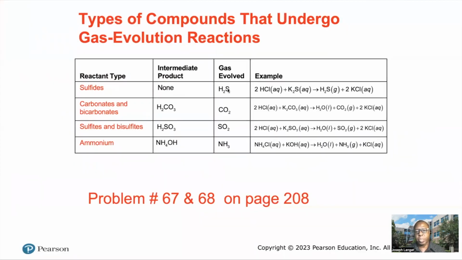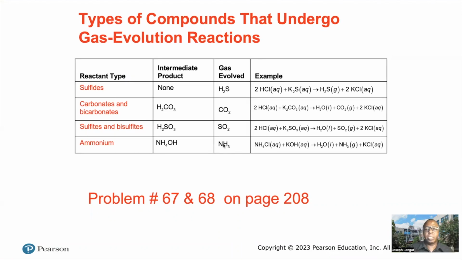Sulfides produce hydrogen sulfide. This is potassium sulfide. Carbonates and bicarbonates have an intermediate product which produces carbon dioxide. This is a weak acid produced, and it breaks down to produce CO2. Sulfites, which are different from the sulfides here, and bisulfites produce sulfur dioxide, and ammonium produces ammonia gas. Four: 1, 2, 3, 4.